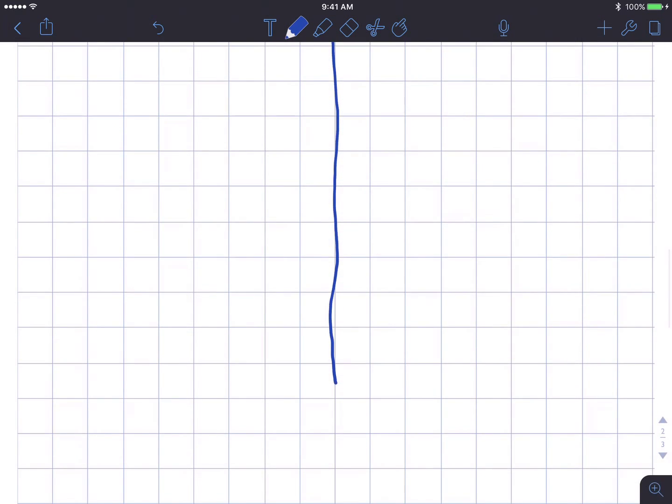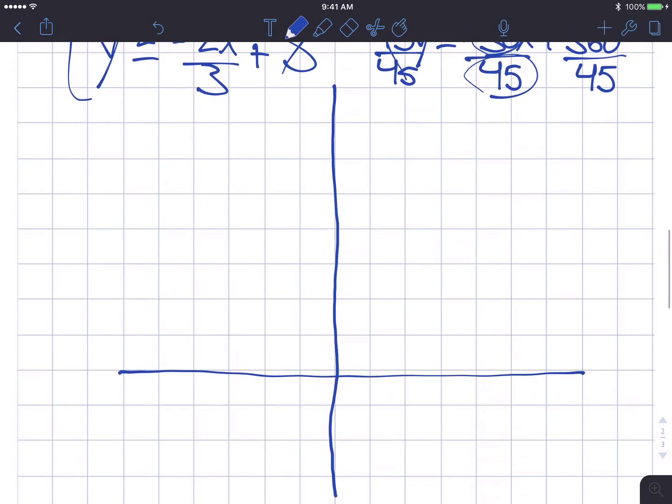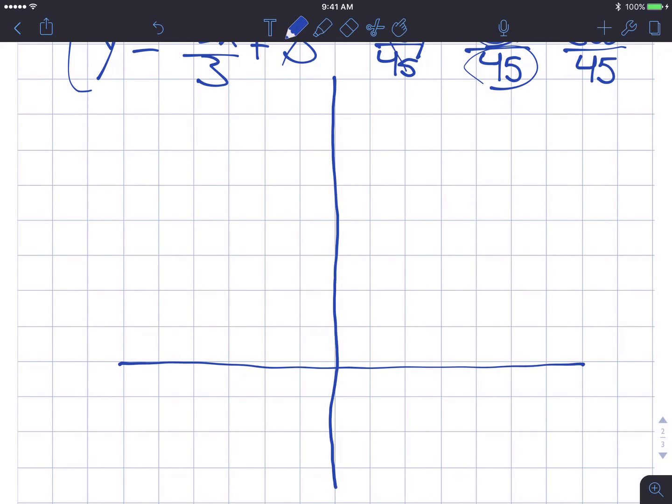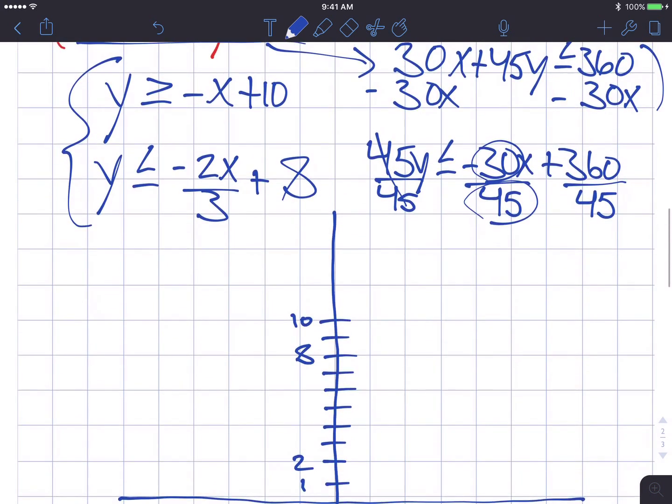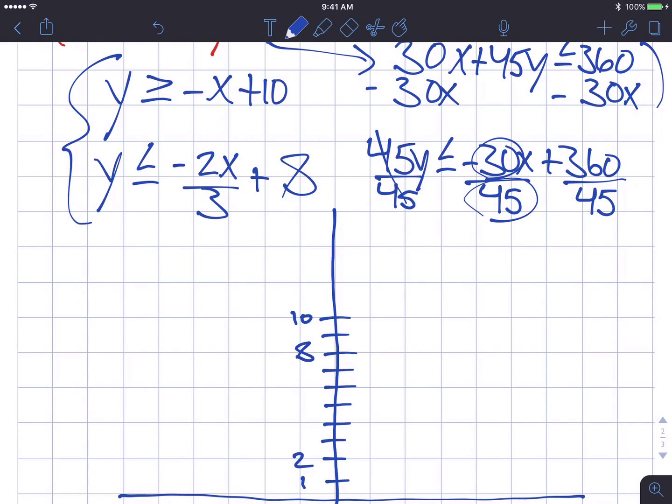And 8. You guys know I know how to draw straight lines. 1, 2, 3, 4, 5, 6, 7, 8, 9, 10. Okay, you guys get the idea. So let's go and graph the first one.